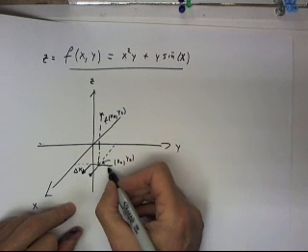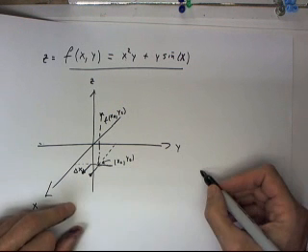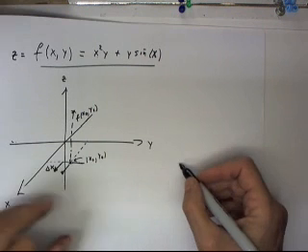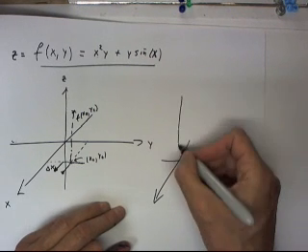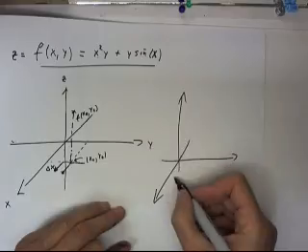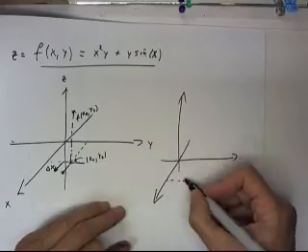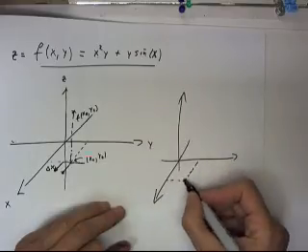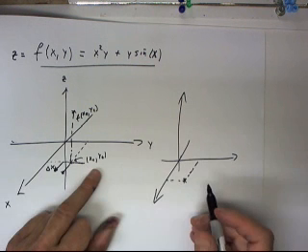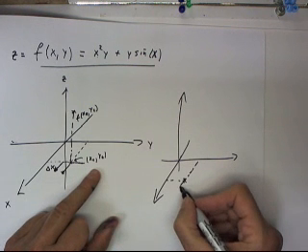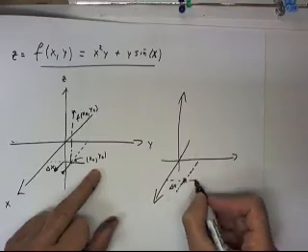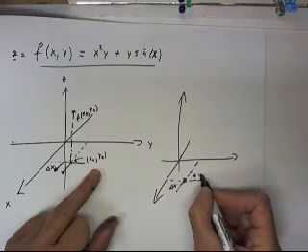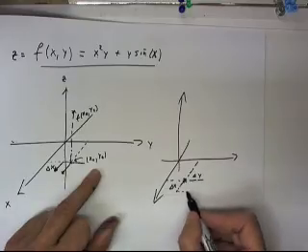Now the labeling is getting a little confusing, so let's isolate that picture over here. In the xy plane, we have a point, x naught, y naught, and we're going to have some delta x here and some delta y here.